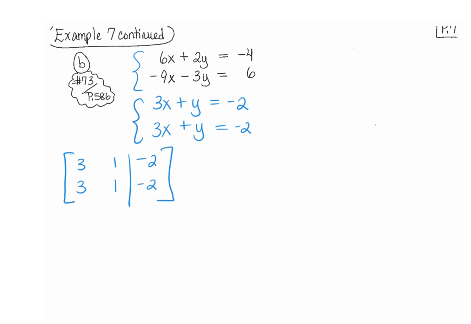What's the size of this matrix, or the order? You said 2 by 3? I heard 2 by 3, 3 by 2. 2 by 3, because we have to have the what by the what? Rows by the columns. You got it. The order is 2 by 3. Good.